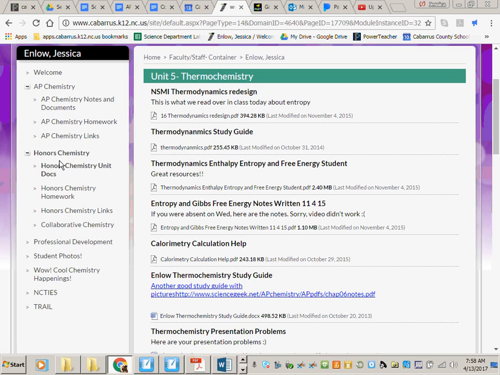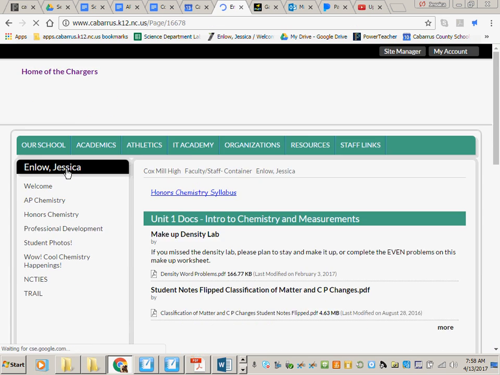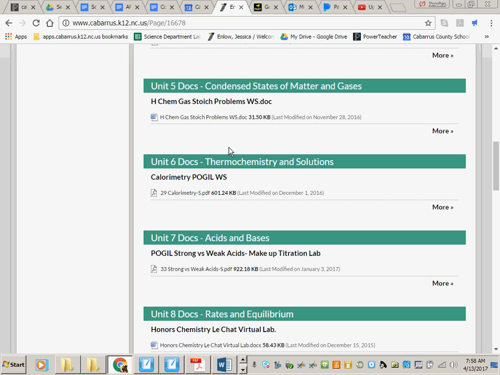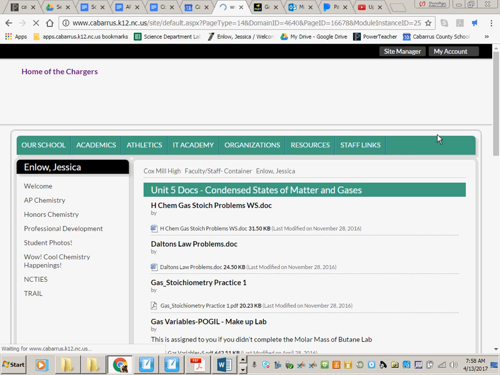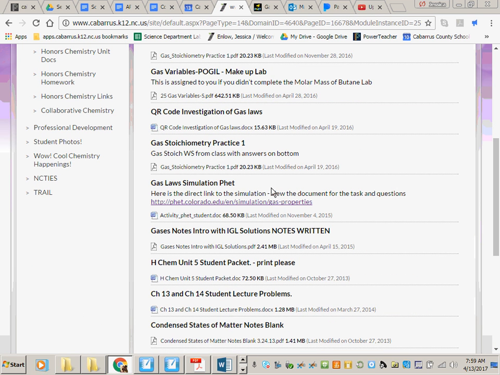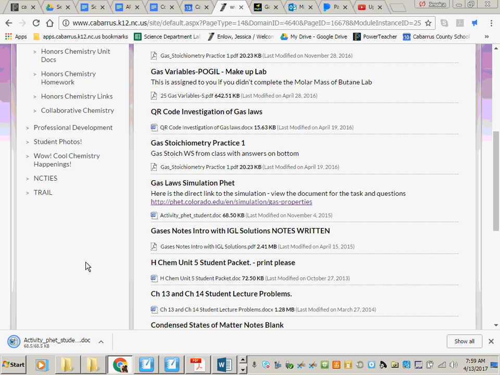Go to my website under Unit 5 Docs, under Honors Chem, and scroll down to where it says Gas Law Simulation. There's a link that brings you directly to the simulation and this little activity worksheet. So the worksheet has the questions that delineate what to do, tells you how to manipulate variables, and the simulation looks like this.